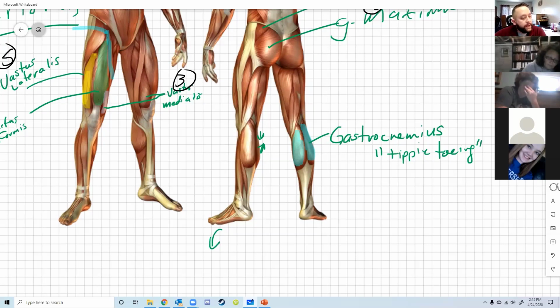What I'm trying to get at is, if your foot is going down like that, this is the plantar side, right? Anybody ever had plantar fasciitis in their foot? It is the worst. If this foot is going down, that would be plantar flexion.